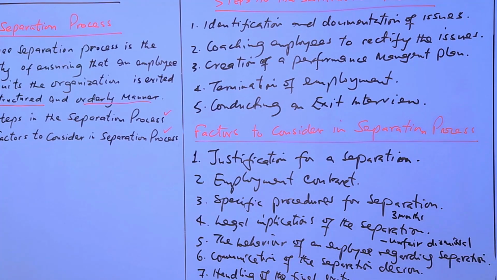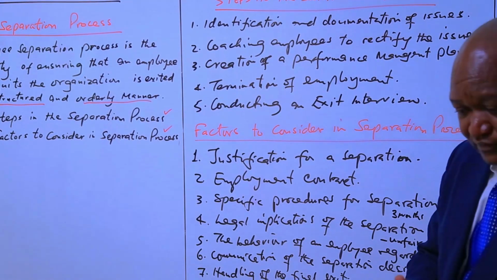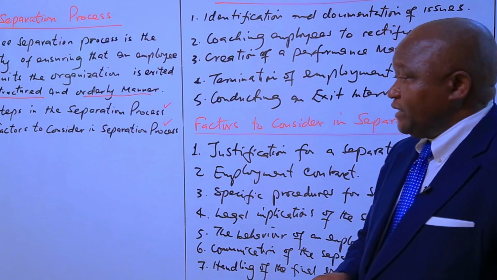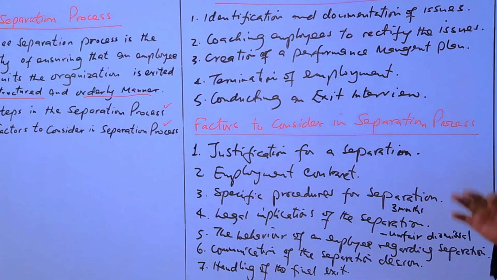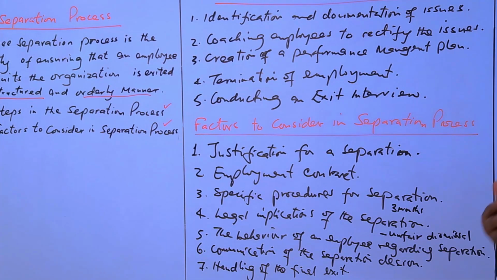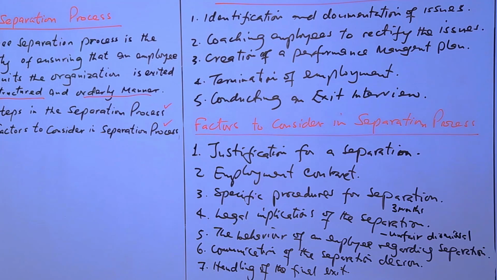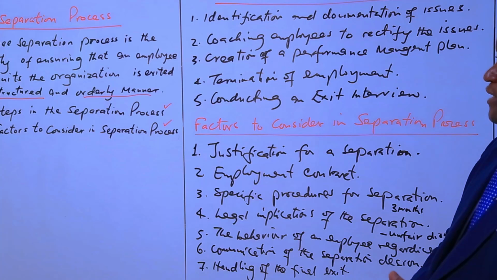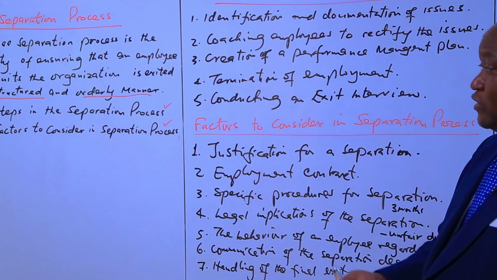So dear learner, this is one of the areas that are very emotive and very emotional in the human resource management process, but somehow it has to be handled, because at one point or the other, we have seen that an employee may have to leave an organization, maybe they are resigning, they are being dismissed, they are being declared redundant, or the workers are separating due to maybe involuntary means and so on.